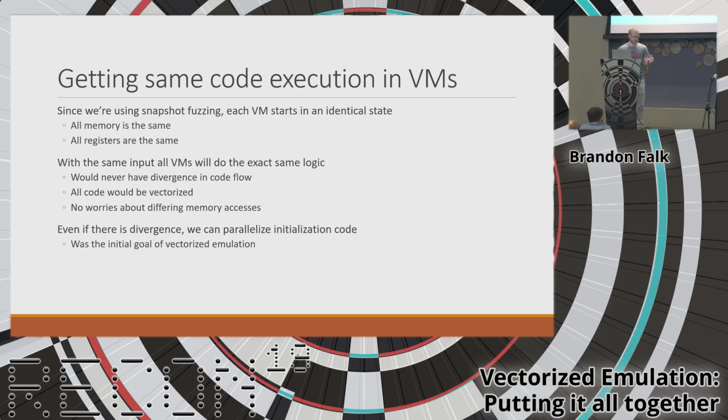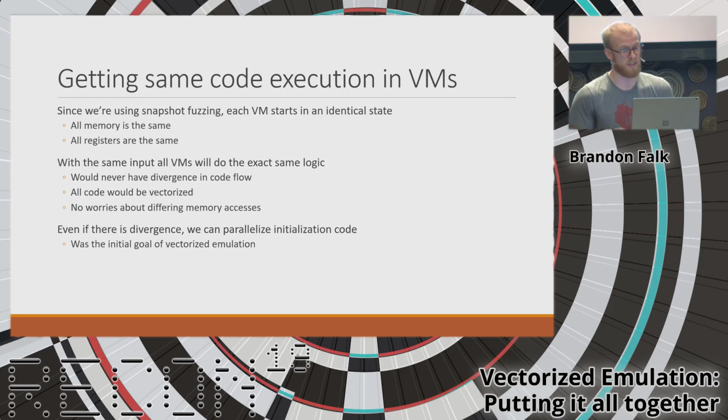So getting the same code execution in all the VMs turned out to be pretty simple. Since we already started with snapshot fuzzing, we were able to just load up the same register states. Since everything's already deterministic, all the state has already been computed and it's in the snapshot. Theoretically, if you don't modify the input, they will indefinitely do the same thing if you just let them execute. So that was actually pretty simple.